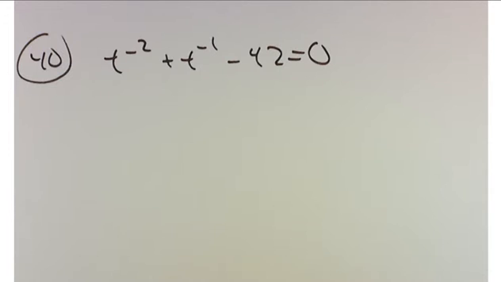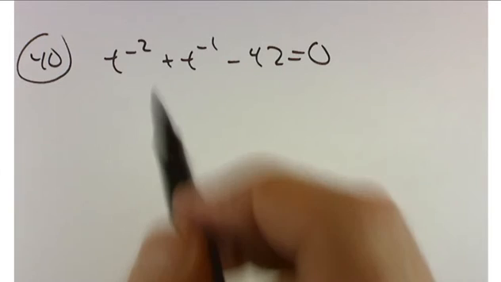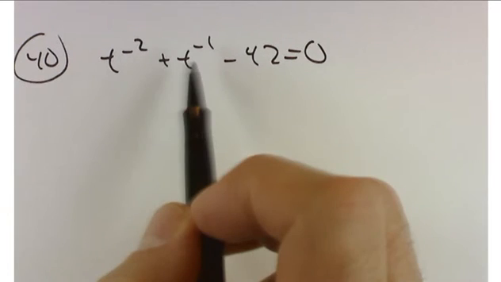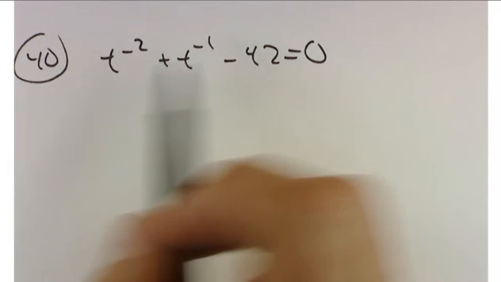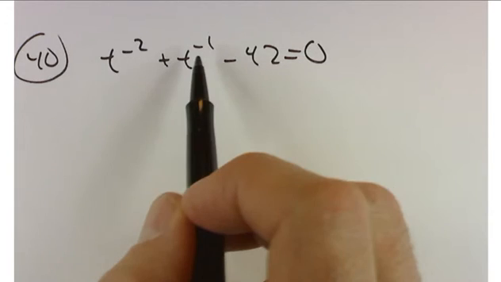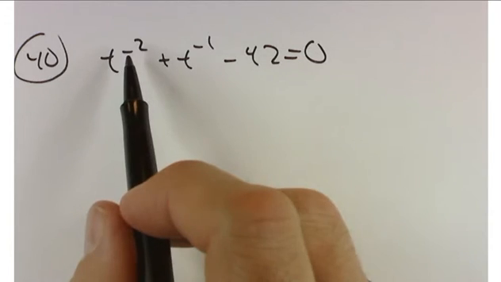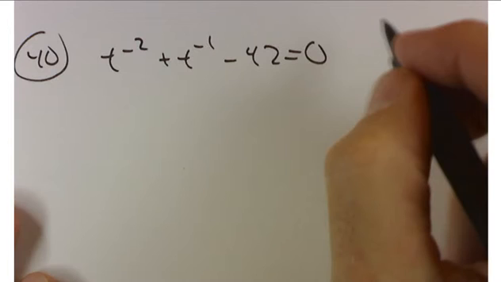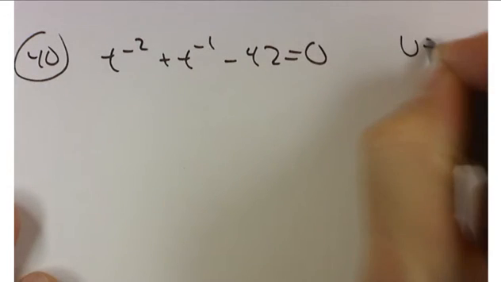There's a lot of other ways we can do it, but let's just treat it like something that it is, and that is an equation that's quadratic in form. The middle exponent is half of the first one. So that suggests we can solve this with a U-substitution.